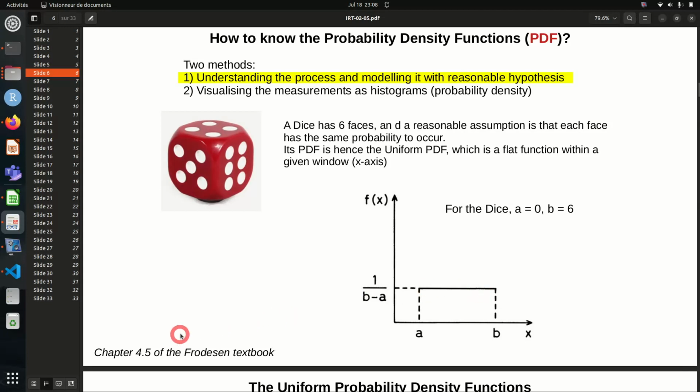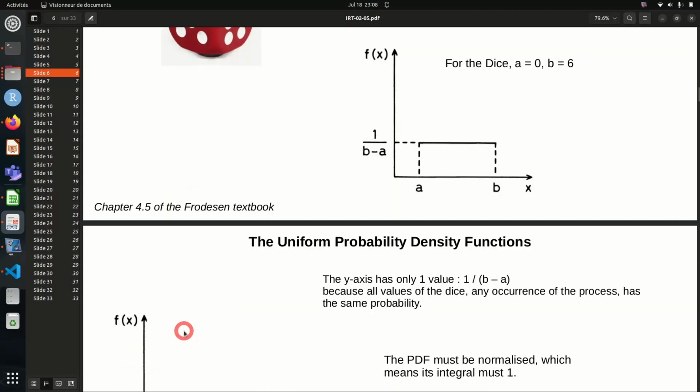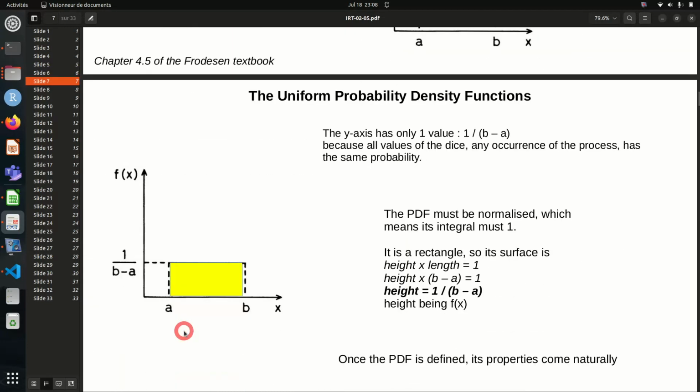The corresponding chapter in the Frodesen textbook is the 4.5. So here the x-axis is between a range A and B, while the y-axis has a single value, which is normal because it means that whatever the value of x is, there is the same probability, which is 1 divided by b minus a.